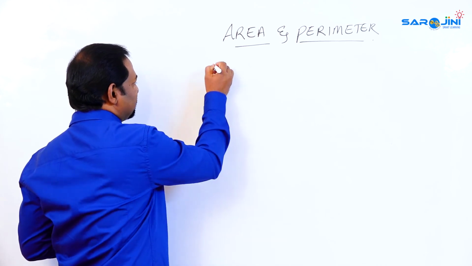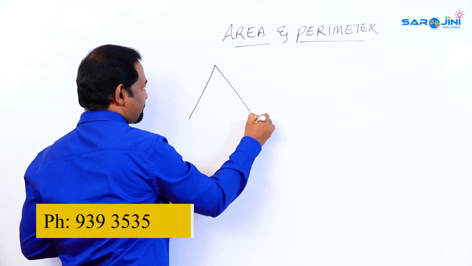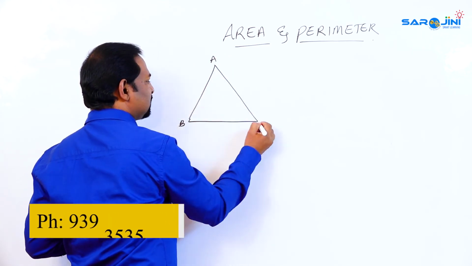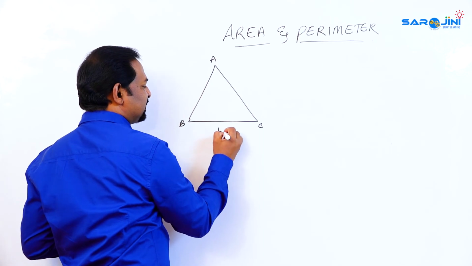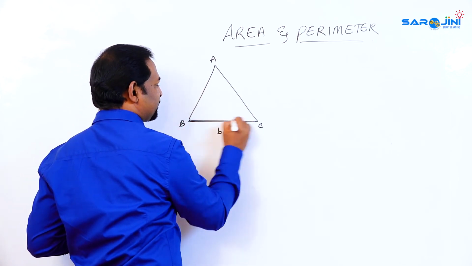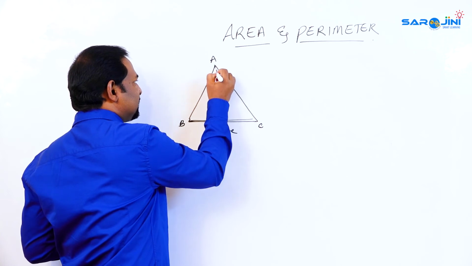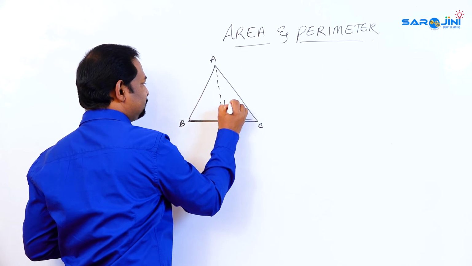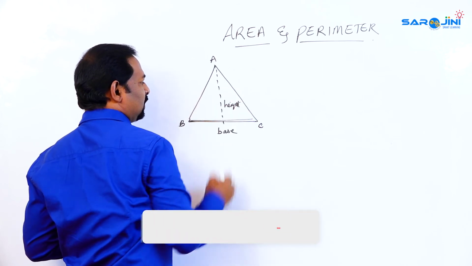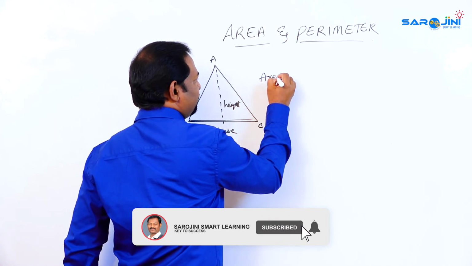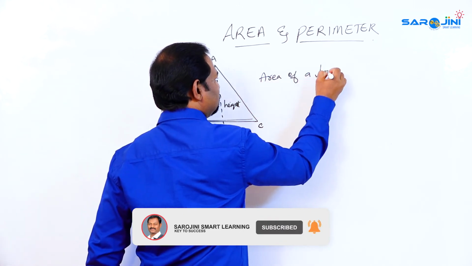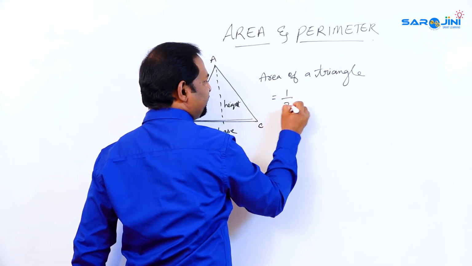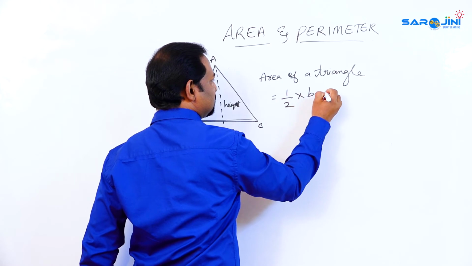Now coming to a triangle. Say this is A, this is B, this is C. This is the base side, and this is the height. The area of a triangle is half into base into height.